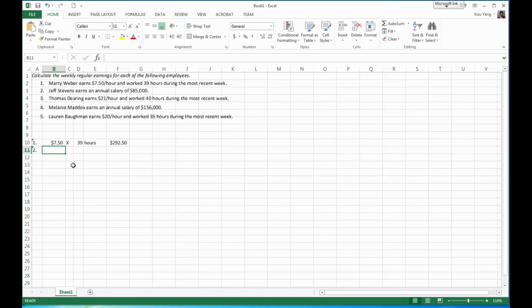If they give us an annual salary, and we know that there are 52 weeks in a year, and we're calculating a weekly payroll here, we can take his $85,000 annual salary and divide it by 52 weeks.